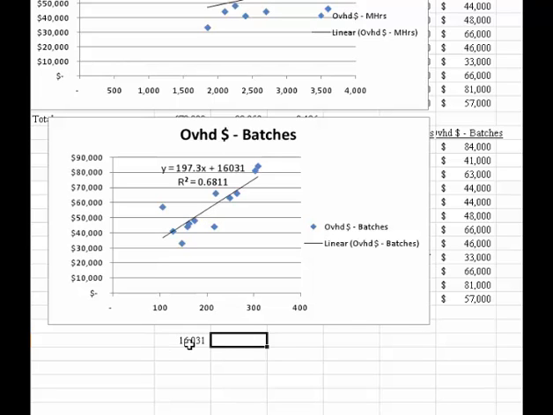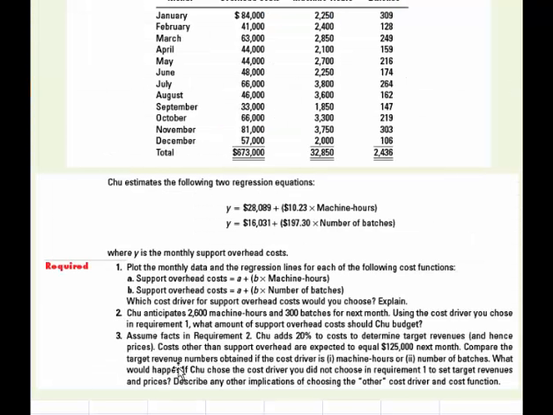So we've got 16,031 as our fixed cost. We've got 197.3 as our cost per batch, and this problem anticipated that we were going to do 300 batches, right?